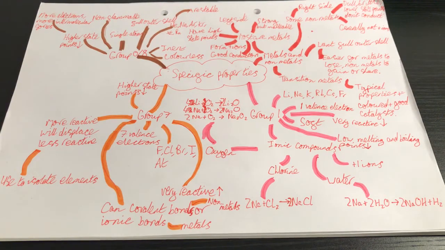So because of their full outer shells, they're stable, so they're inert, they don't react with anything, they're colourless, although you can flow electricity through some of them like neon and they will glow, but on their own they're just colourless. They form single atoms, they don't bond with anything.